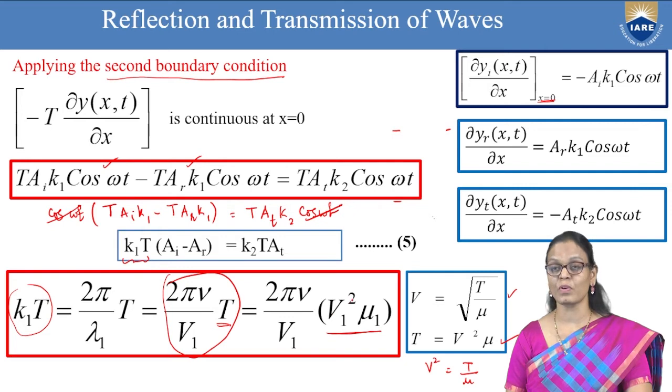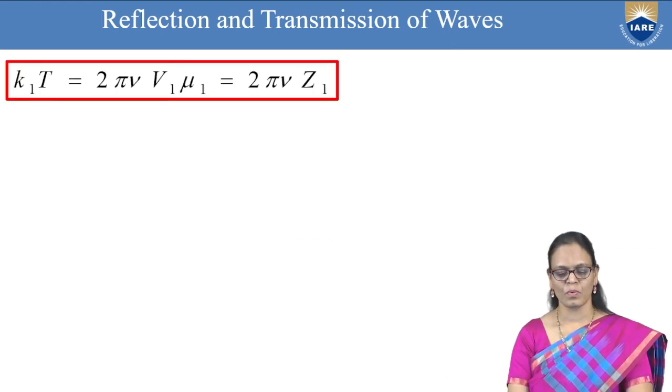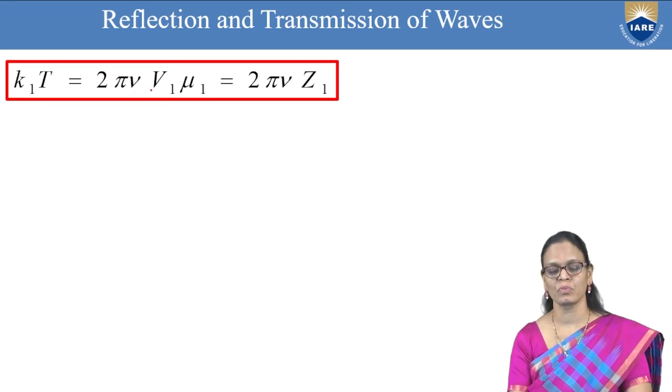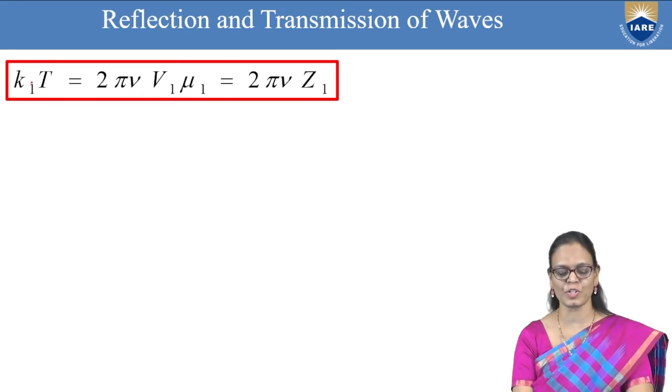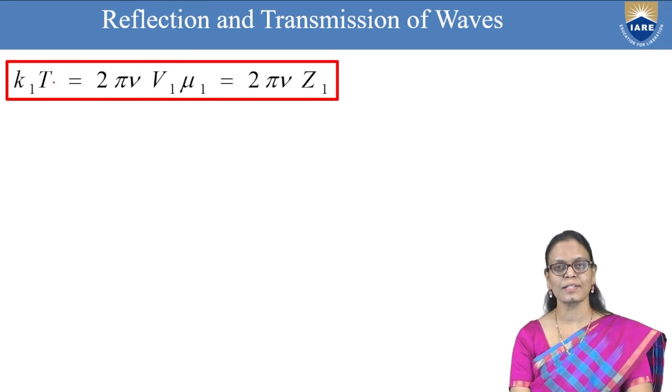So one V1 and one V1 will get cancelled. We will be left with 2 pi nu V1 mu1. So K1t will be equal to 2 pi nu V1 mu1, after substituting for K1 as well as T and simplifying, and that will be equal to 2 pi nu Z1.